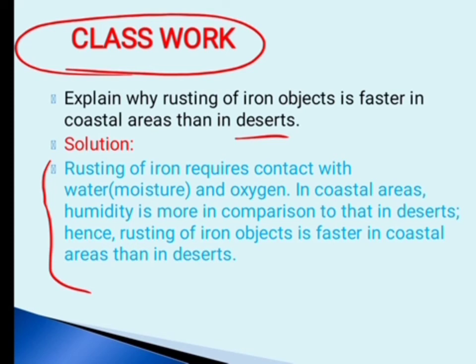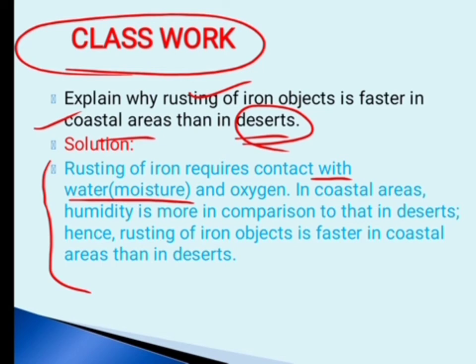The moisture content in coastal area is high as compared to desert. So the answer is, rusting of iron requires contact with water or moisture and oxygen.